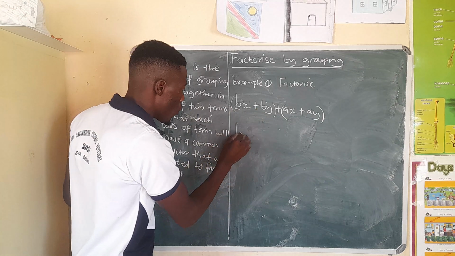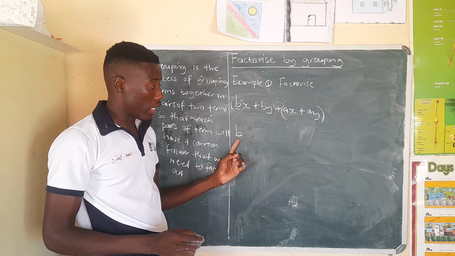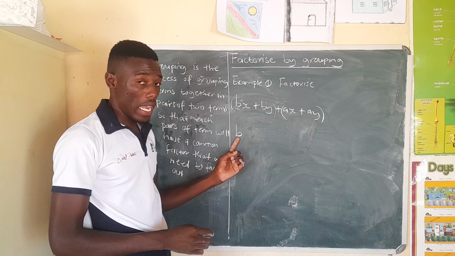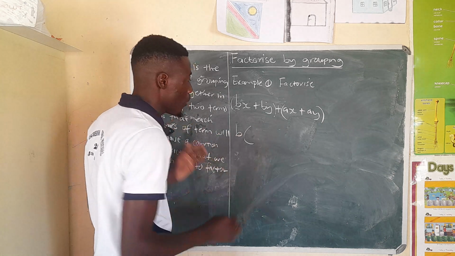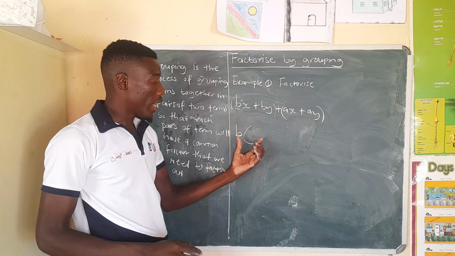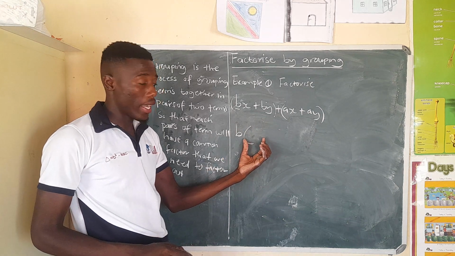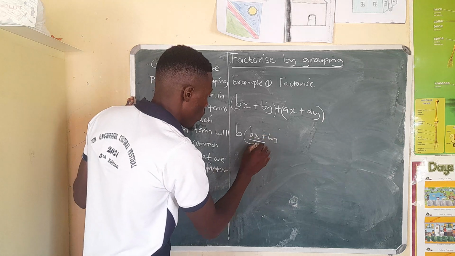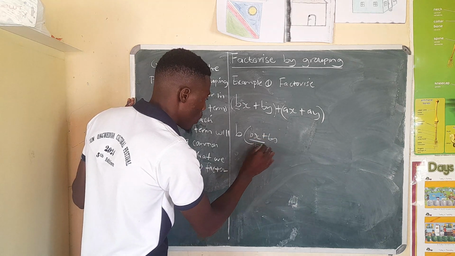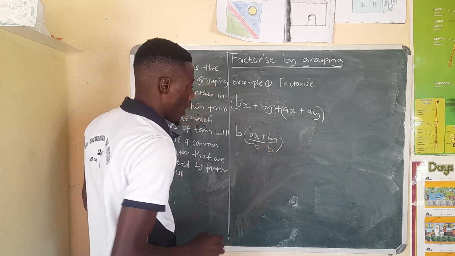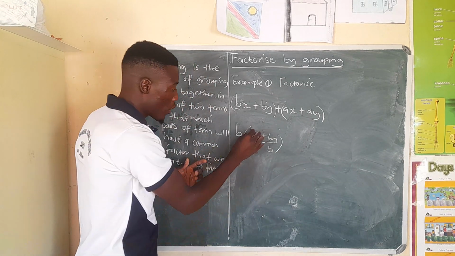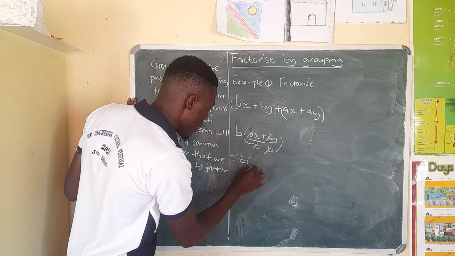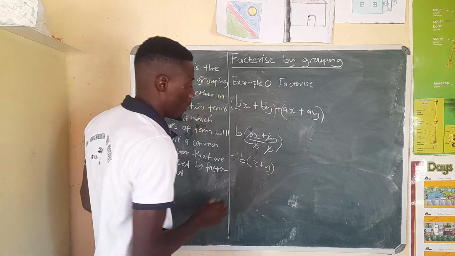So B will be my common factor. Now I'll put this common factor outside the bracket. Now I will need the expression that I need to put inside the bracket. So I will divide bx plus by with my highest common factor, which is b. This one cancels and this one cancels. So I will have x plus y.